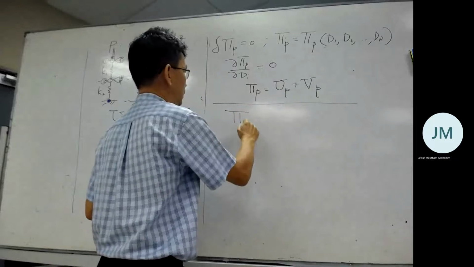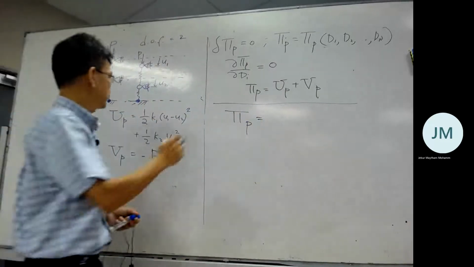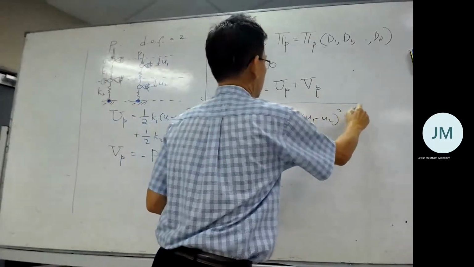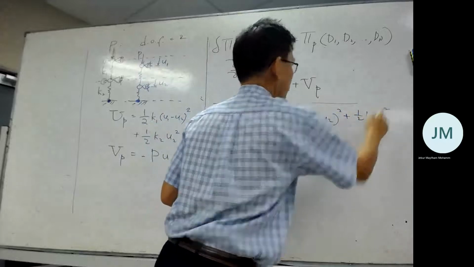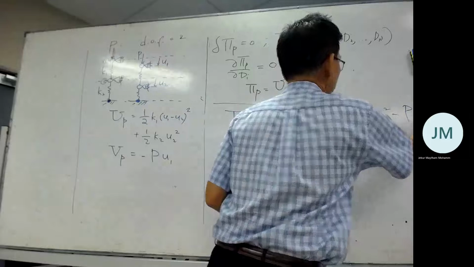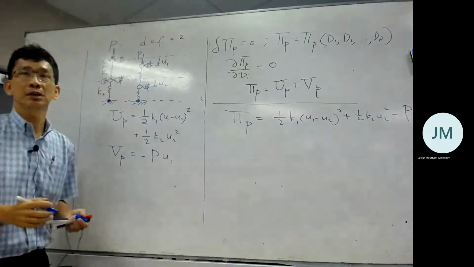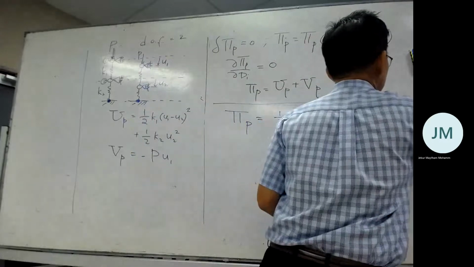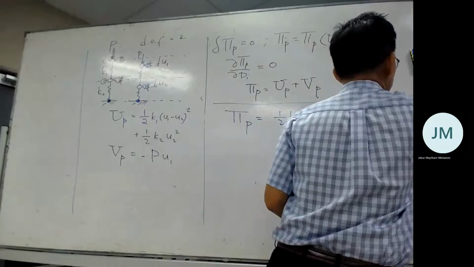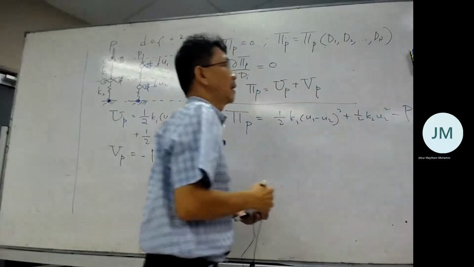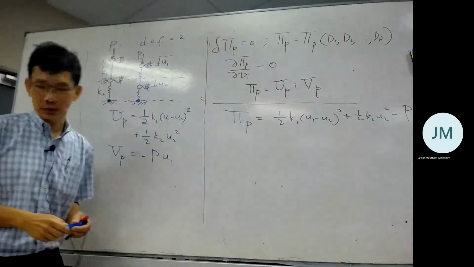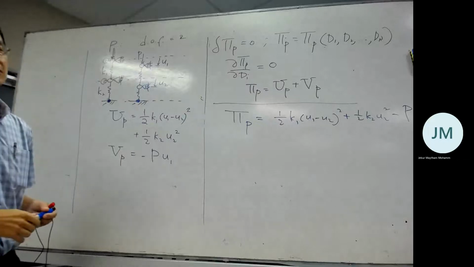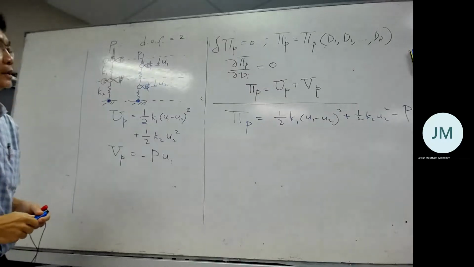The Pi P for this problem will become half K1 (U1 minus U2) squared plus half K2 U2 squared minus P U1. This is the total potential energy, and it is a function of U1 and U2, the degrees of freedom. That is the solution that we are looking for.